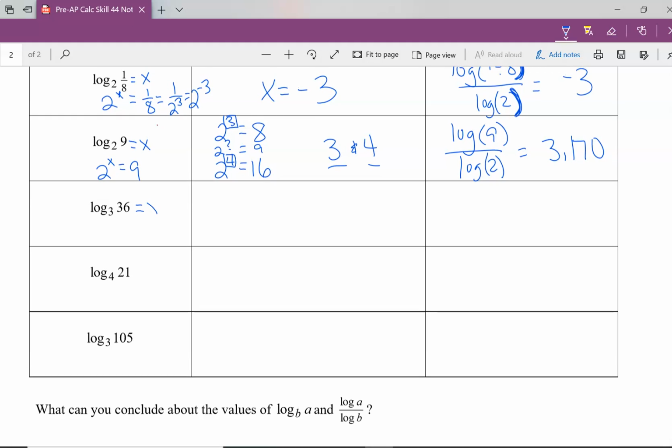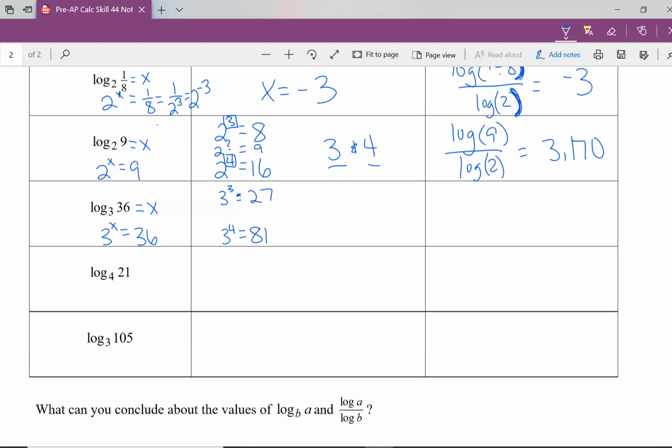Next one, again, this is saying 3 to what exponent makes 36? I can't write 3 to some integer exponent to give me 36. But I know that 3 to the third is 27, and 3 to the fourth is 81.